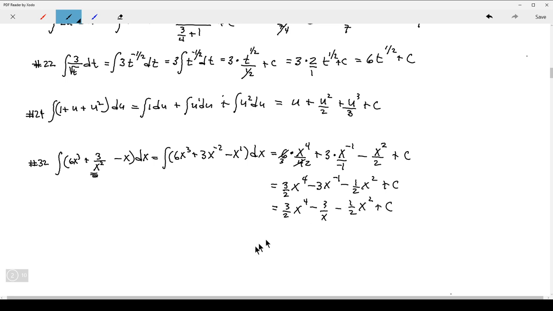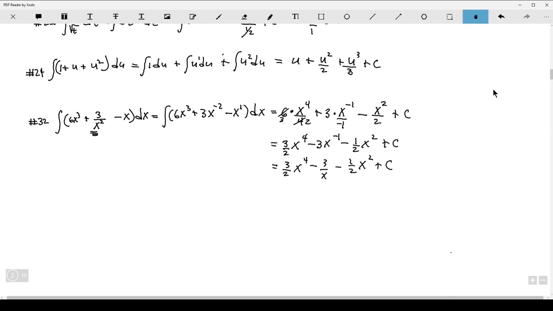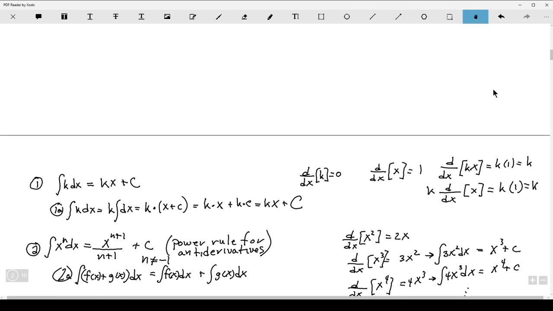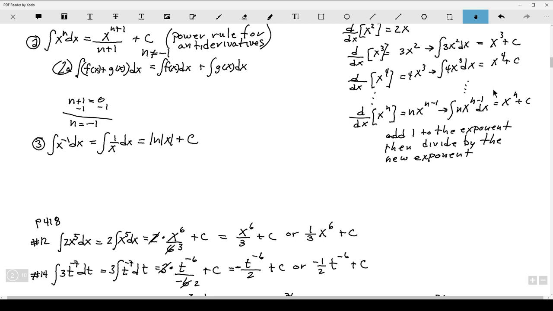Okay, so there's one more function that we can look at here, and that is the exponential function. Let's go back up here where I have the formulas, and let's throw in number 4.